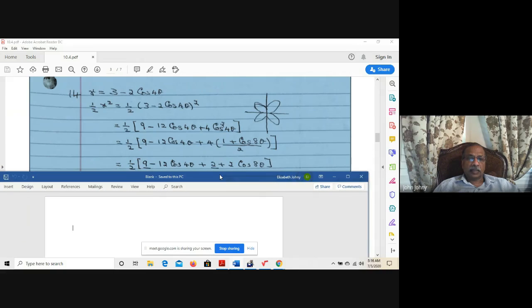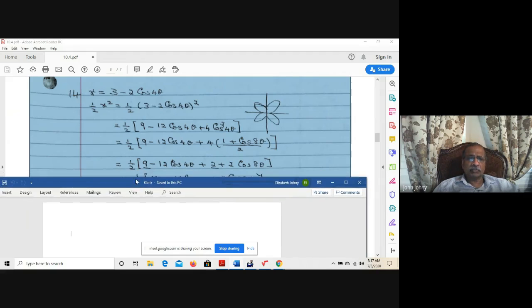And that is 1/2 times 9 minus 12 cos 4 theta plus 2 times 1 plus cos 8 theta. The 2 cancels with the 4 and then you distribute that 2. You get 2 plus 2 cos 8 theta.